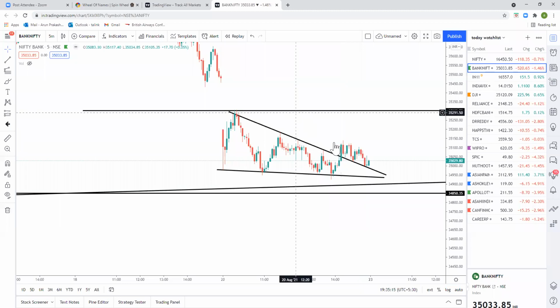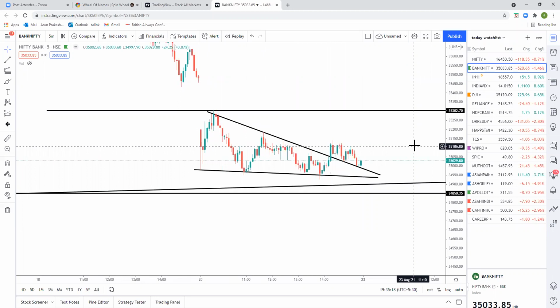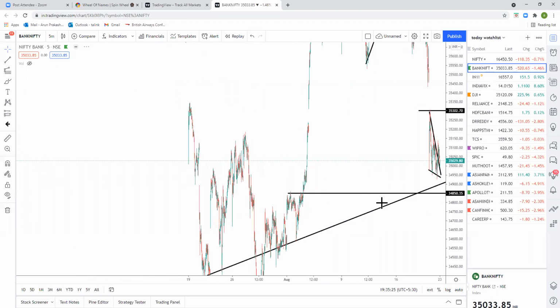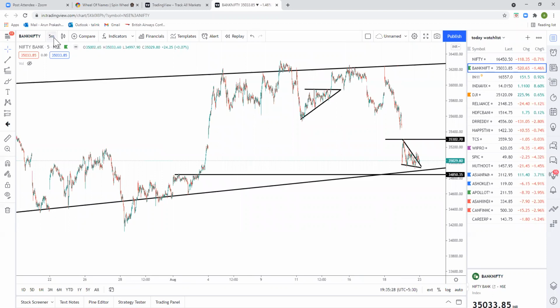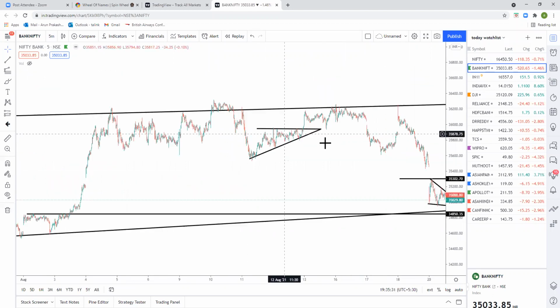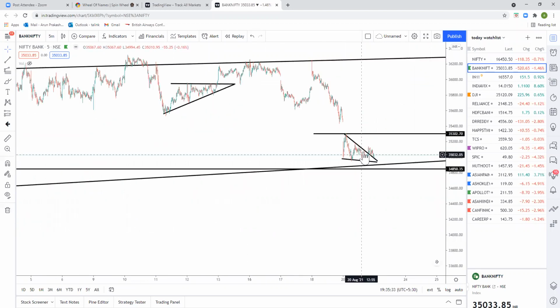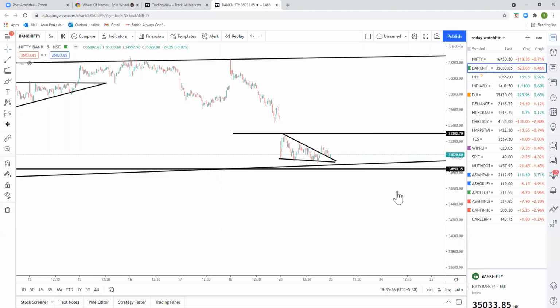So here in Bank Nifty, what I have seen is the price action. If you zoom out a little bit, and zoom into yesterday's triangle, you can see resistance from the top, from the falling trend line of the day before.